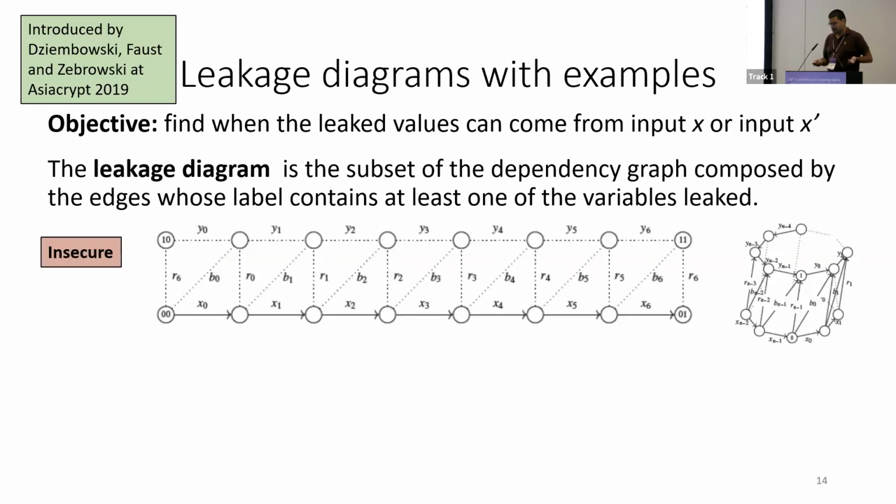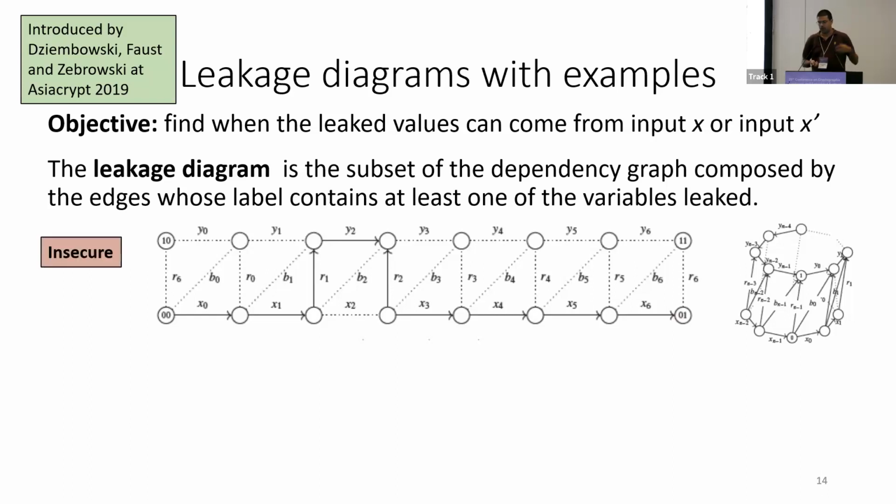Clearly, this is not secure because you leak the input, and you can see that it forms a loop around the cylinder. Again, if we leak all input shares except x2, but we leak r1, r2, and y2, we have a loop around the cylinder, and it is insecure because you can recover x2 from r1, y2, and r2.